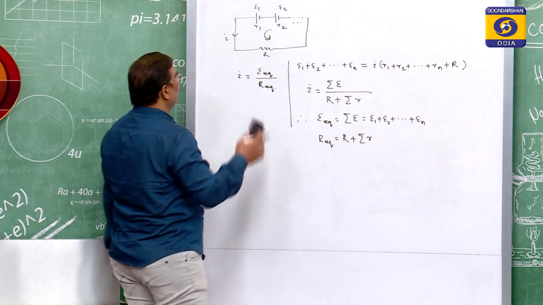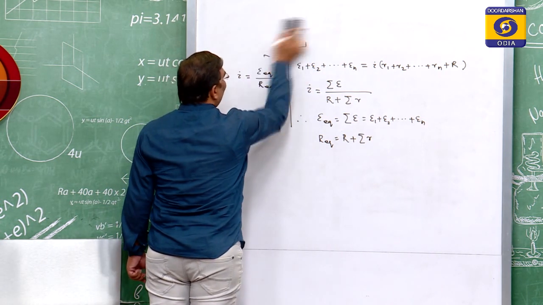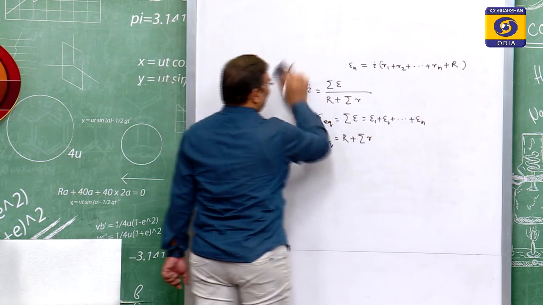Similarly, if we consider parallel grouping of dissimilar cells, let us see what is happening.